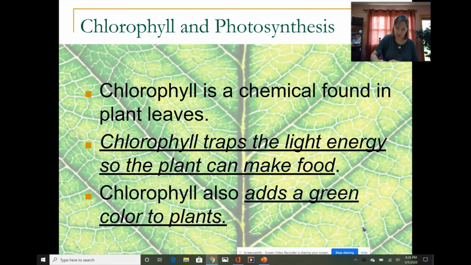Chlorophyll traps the light energy so the plant can make food. And just an added thing in there, just say that it adds a green color. Now you could say to plants, or you could say to the leaves. You could be really specific to the leaves.